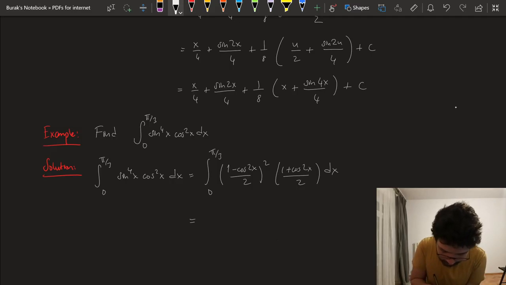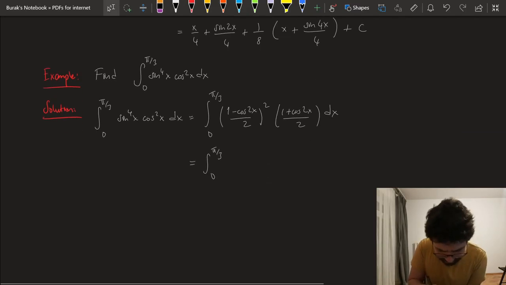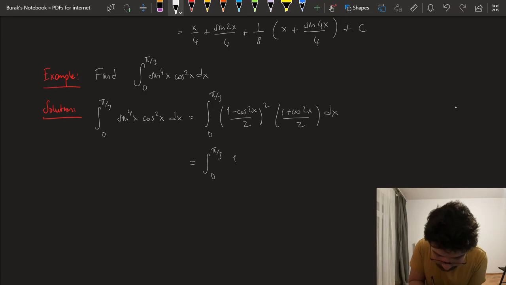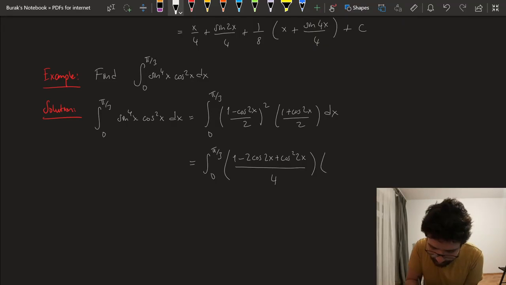Okay, this will get ugly, but I can't do much, right? So I'm going to do it. If you square the numerator, you're going to get 1 minus 2 cosine 2x plus cosine squared 2x divided by 4, times 1 plus cosine 2x divided by 2.